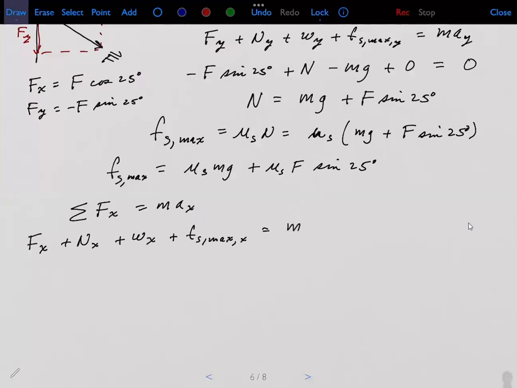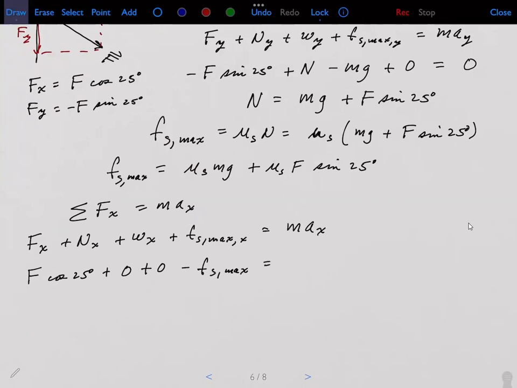That's got to equal max. So the x component of the applied force, we already found it. It's F times cosine of 25. The x component of normal force, none of that normal force is in the x direction. Same thing with the weight. But the x component of the friction is the entire Fs max, but it's negative, right? So this is negative Fs max. And that's got to equal max.